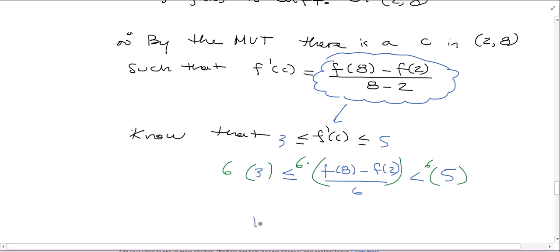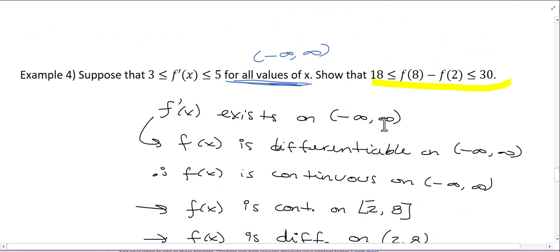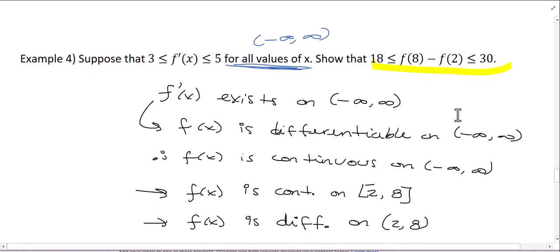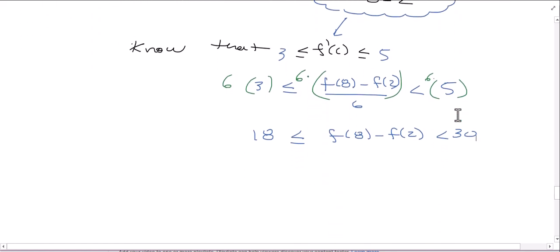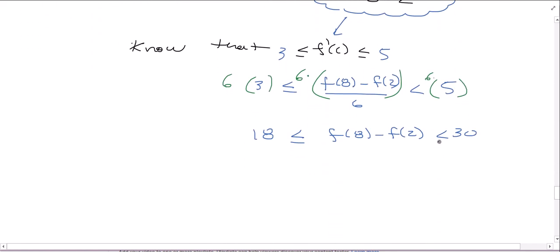So I'm going to have 18 is less than or equal to f of 8 minus f of 2, which is less than or equal to 6 times 5, which is 30, which is what we wanted to prove. Show that 18 is less than or equal to f of 8 minus f of 2, and that whole thing is less than or equal to 30. Forgot my equals here. So we were able to prove that.